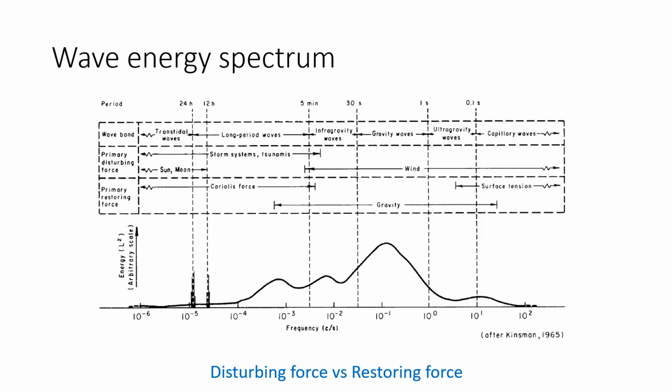This slide here shows the typical wave energy spectrum. Now, if we look at the horizontal axis, we have the frequency. If we inverse the frequency, we have the wave period. The larger the wave period, the lower the frequency. The smaller the wave period, the higher the wave frequency.